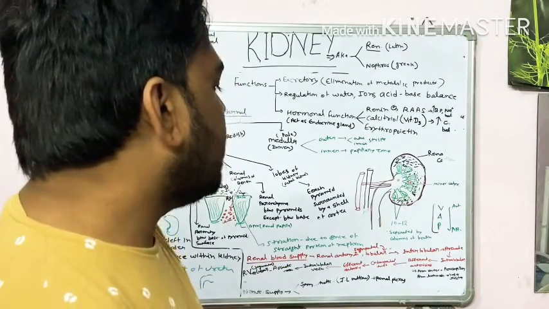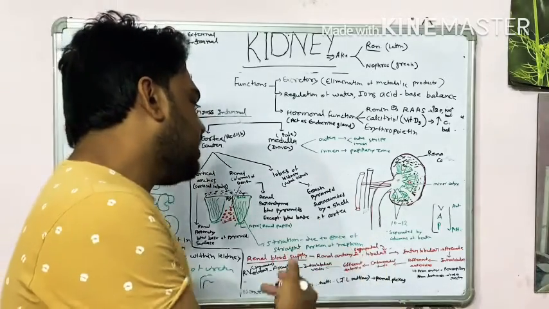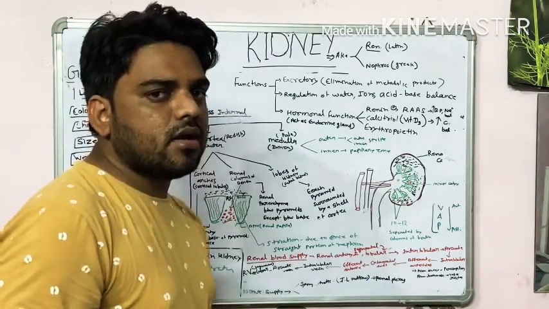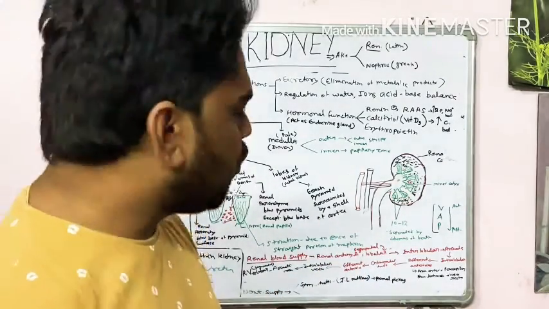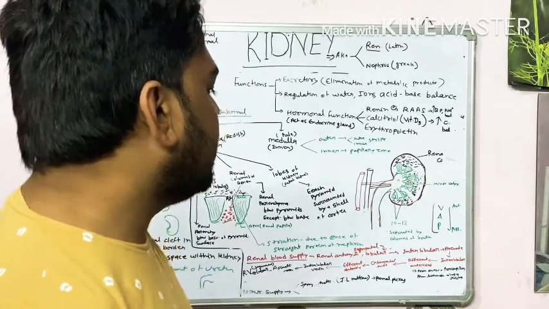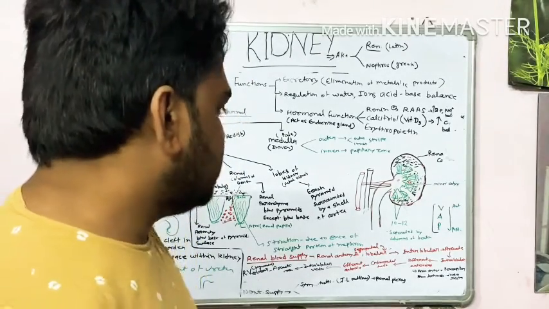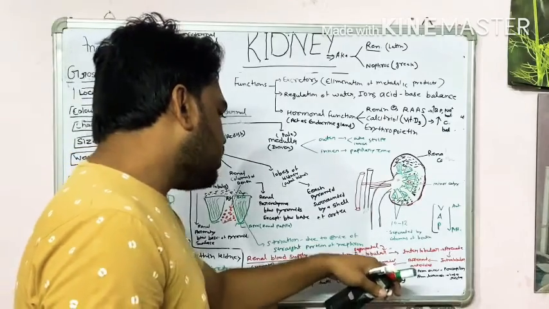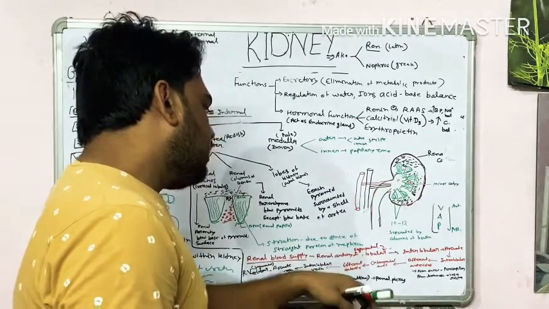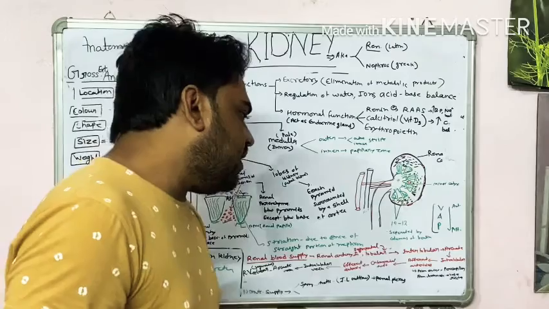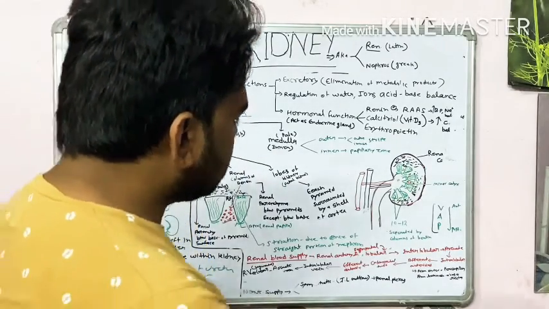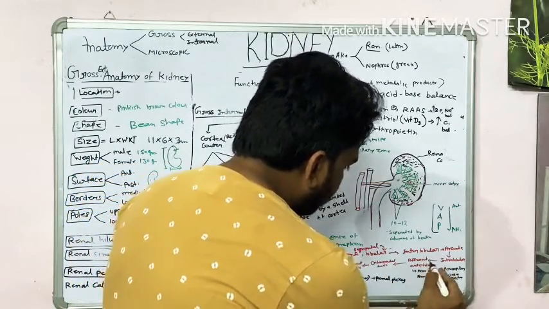Then the afferent arteriole makes a glomerular tuft, which is nothing but a tuft of capillaries. Then this glomerular tuft again gives rise to an efferent arteriole. This is the very important thing.